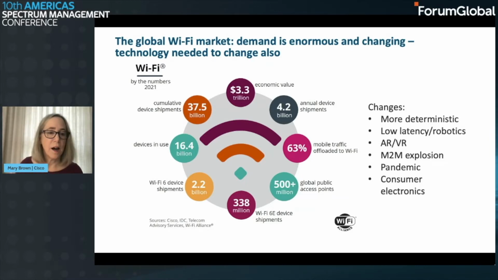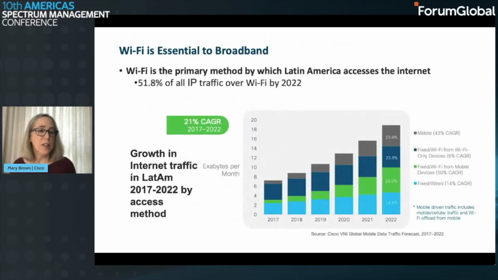So if we could move to the next slide, please. People may have seen this depiction before, and I have pulled out Latin American traffic for the purposes of today's talk.